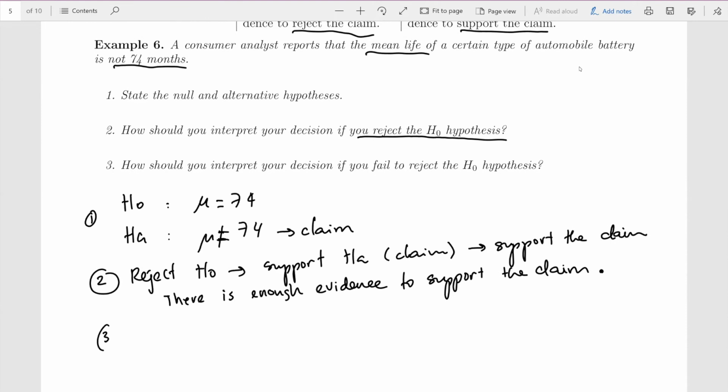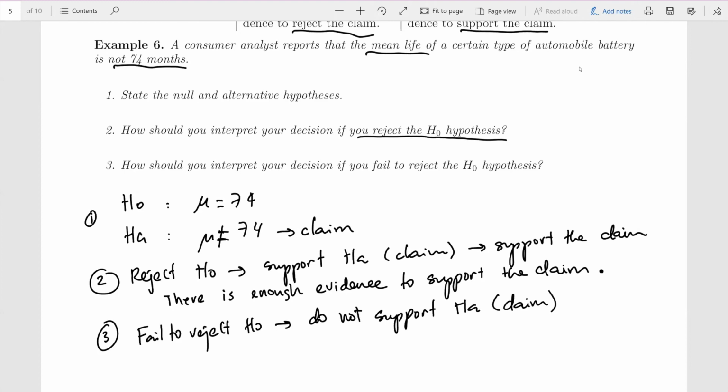Now, the third scenario: how should you interpret your decision if you fail to reject the null hypothesis? So if you fail to reject the null, that means you do not support the alternative, which is the claim in this scenario, so that means you do not support the claim.